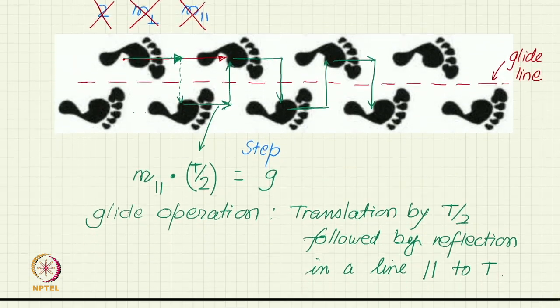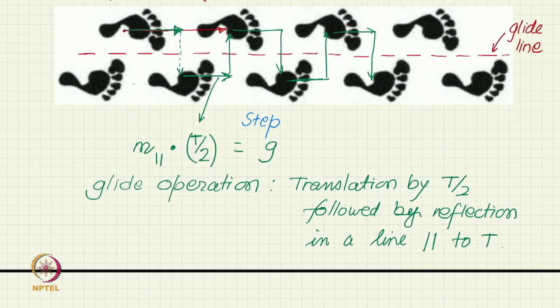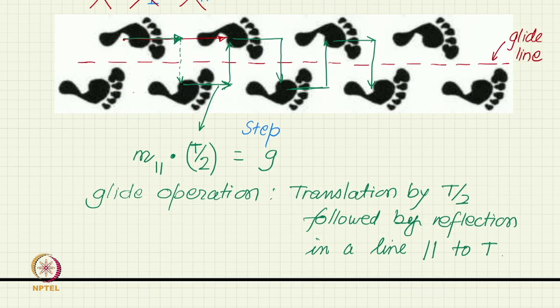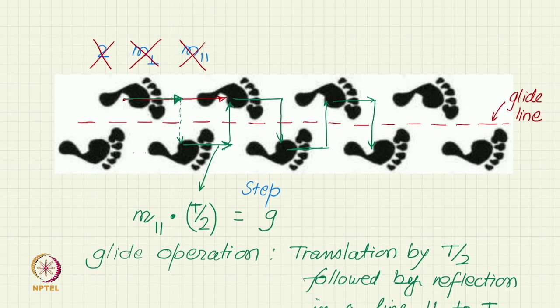So, this step gave you that example, glide. So, this is the 6th one. Finally, now can we combine, now we have found a new thing, glide, but we have 3 old things: two-fold, perpendicular mirror and parallel mirror.